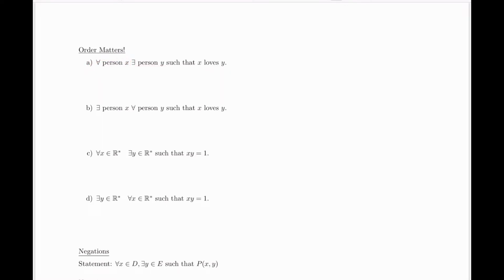So in colloquial English, this for all person, we normally say everybody because it doesn't matter who you pick, so this will work for everybody. And there exists a person because there has to be a more unique person is going to be somebody. So putting this all together, this first statement is going to be everybody loves somebody.